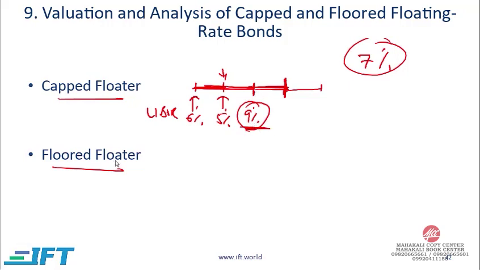A floored floater is the opposite. This sets a lower limit on the payments that need to be made, and this is beneficial to the bondholder. So if we have a floor set at 3% and interest rates go down to 2%, then the bond issuer still needs to make a payment of 3%.